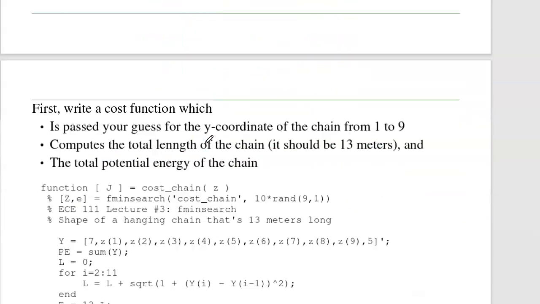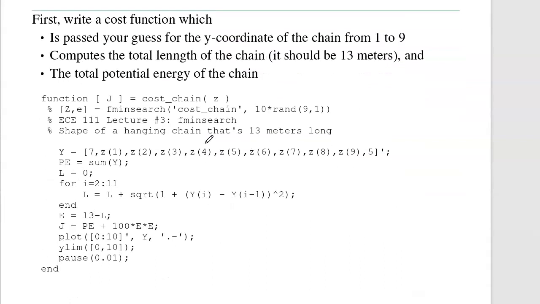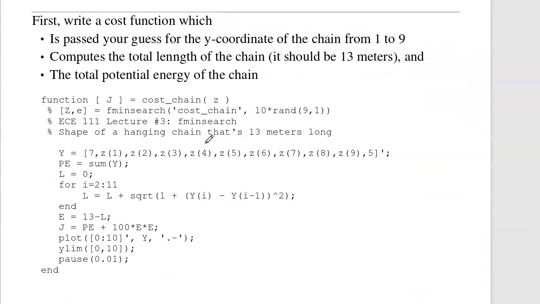So the approach is first come up with a function that returns the potential energy of a chain, then have MATLAB optimize it and minimize that potential energy. So here's my function. I'm going to pass the vector z. fminsearch just wants a single variable. You can have 9 different entries, but a single variable.